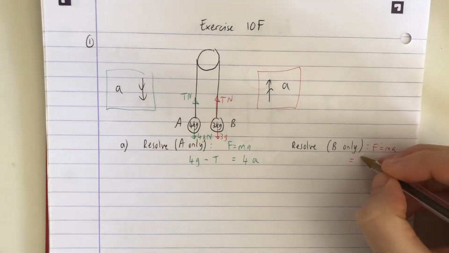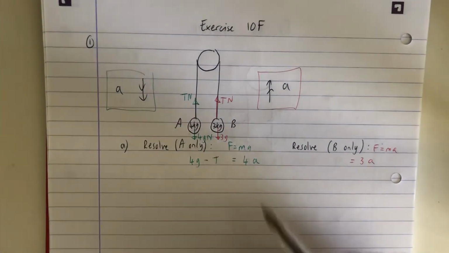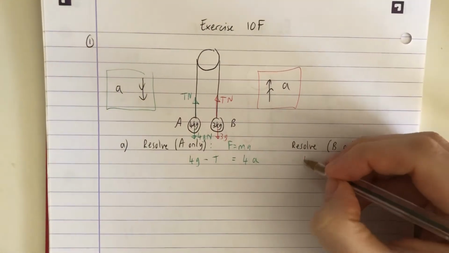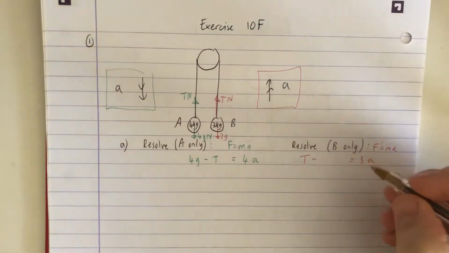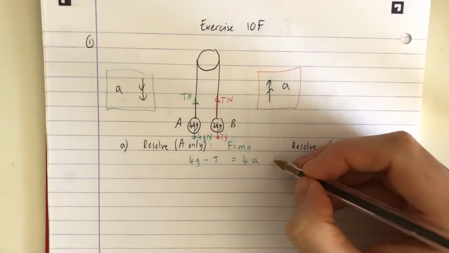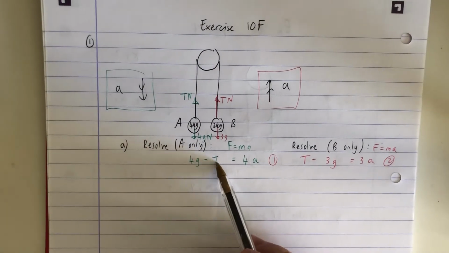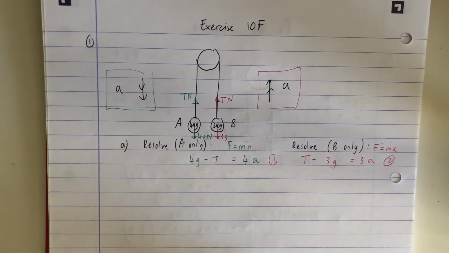The mass of the object is 3, the acceleration of the object is a. Forces going with the motion, subtract the forces going against it, you get this equation. Equation 1, equation 2. Two equations, two unknowns, you can solve them simultaneously.